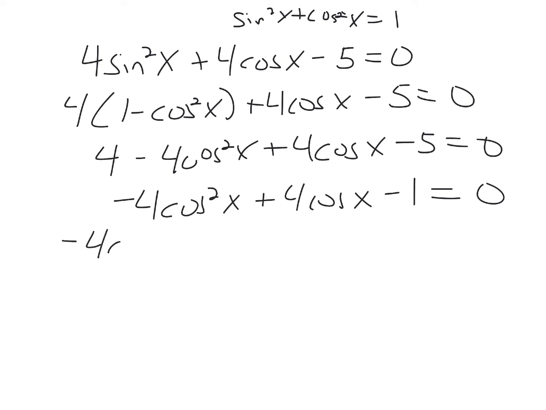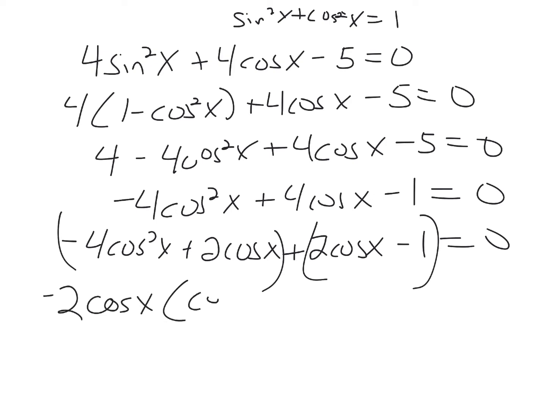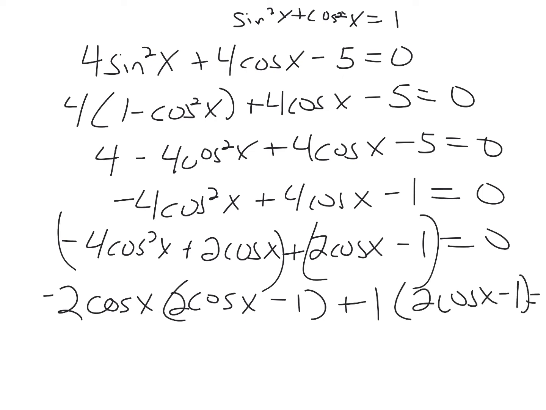So negative 4 cosine squared x plus 2 cosine x plus 2 cosine x minus 1 equals 0. Factor out -2 cosine x, parenthesis 2 cosine x minus 1. Can't take anything out of the second pair, so it'll just be +1, 2 cosine x minus 1 equals 0.